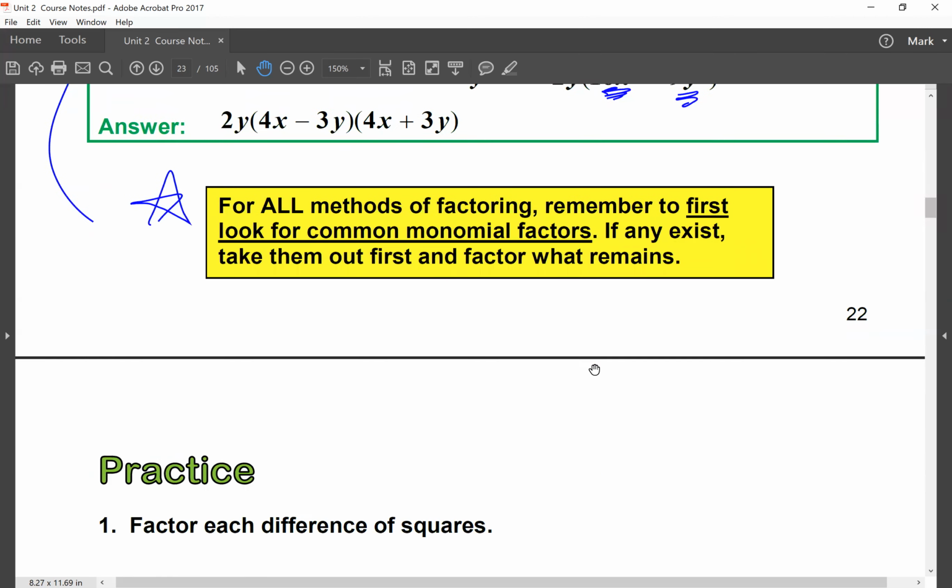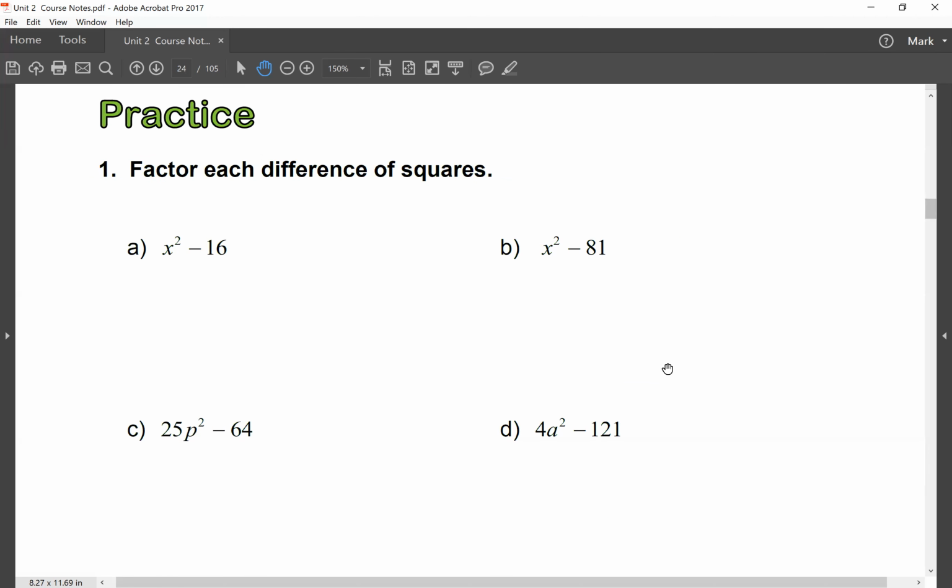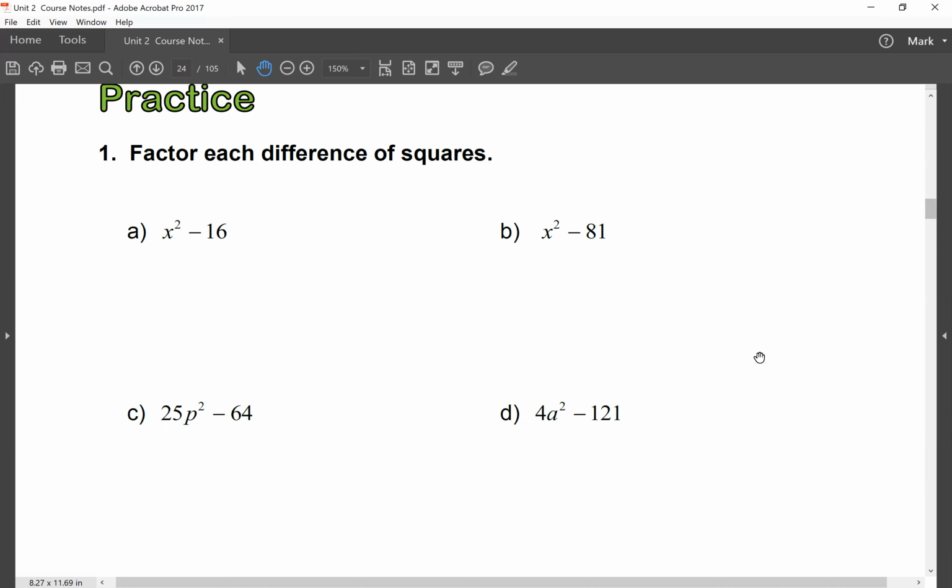All right, let me show you some. What one do I want to do? Well, I'll definitely do D. I mean, A. Okay, let's just get warmed up here for a second with A. So A, it's a difference between two perfect squares, x squared and 16.